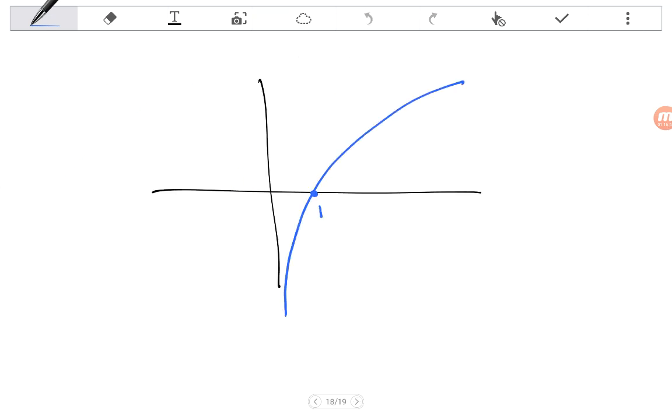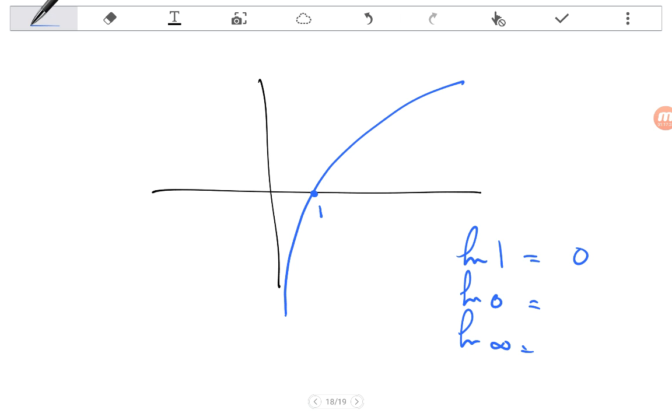Now look at this graph. I want you to tell me what is ln 1, what is ln 0, and what is ln infinity. Ln 1 is equal to 0. Correct. What is ln 0? Not correct. Just look at the graph. When you let x go to 0, what would the graph go to?